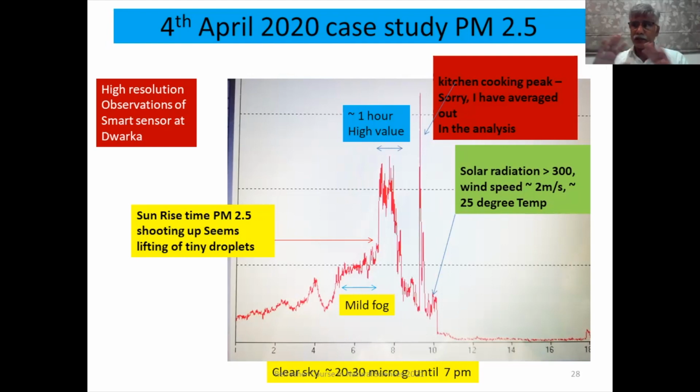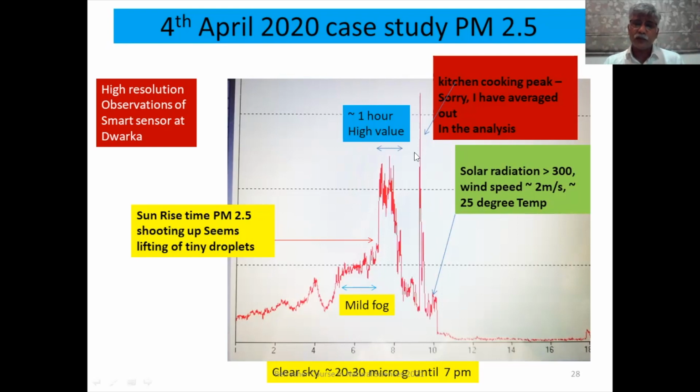So this is another part of the story, how do you identify what kind of particulate matter is available here, what are their shape and characteristics, and how do they influence the health of human beings. But my basic objective here is to tell you about this variation in PM2.5 at a very high resolution.